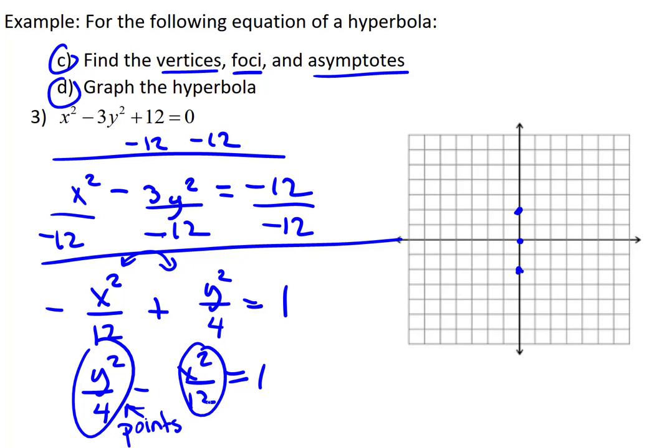And then left and right, we're going to have to go the square root of 12. Let's just note that the square root of 12 is approximately 3.5. We may want to use the exact value, of course, when we're expressing it, but for the sake of graphing it, we're going to have to estimate with a 3.5. So we're going to go 3.5 left and right, but then when we get there, remember, we're not putting points here.